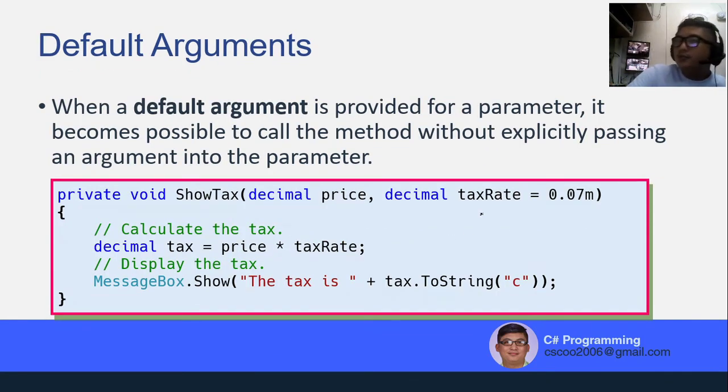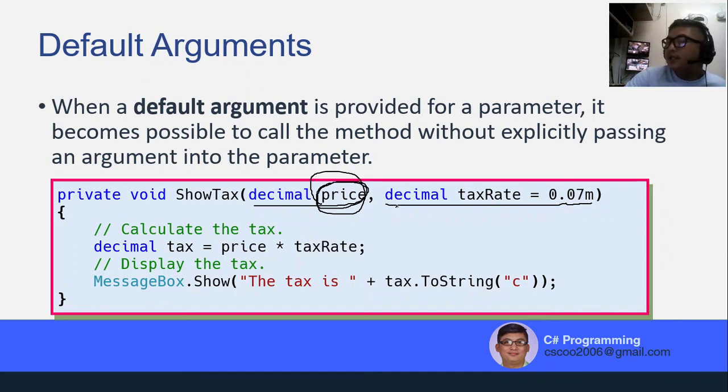Okay. You can also create optional arguments. When you say optional, meaning, when you call the method, you may or may not add an argument to it. In this definition of the method, we have a decimal price which is required every time that you use the method. You are required to submit this argument.